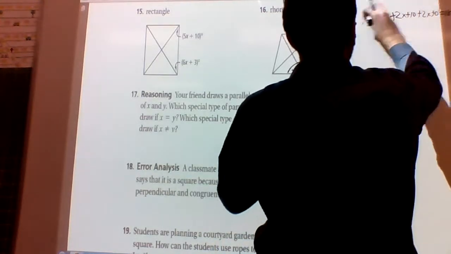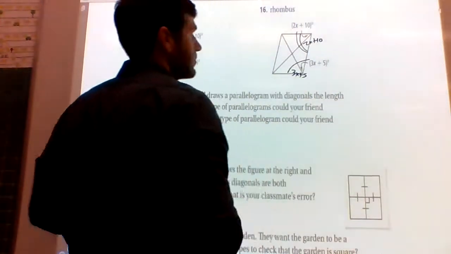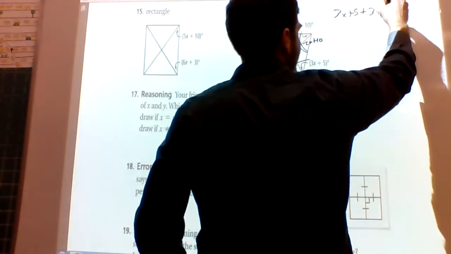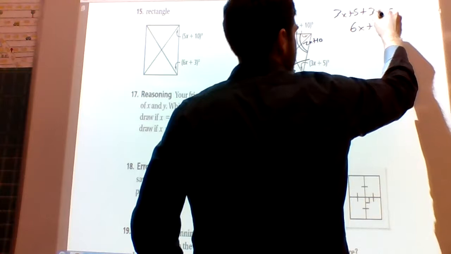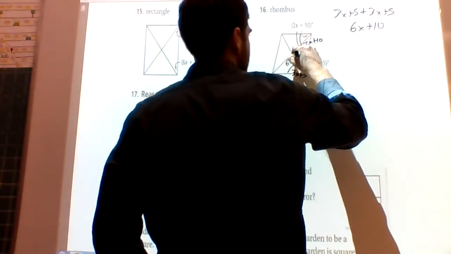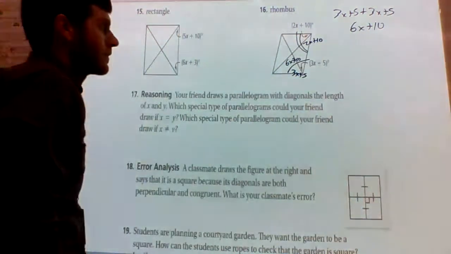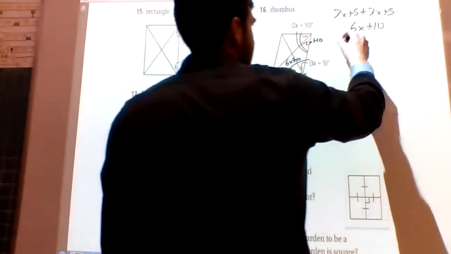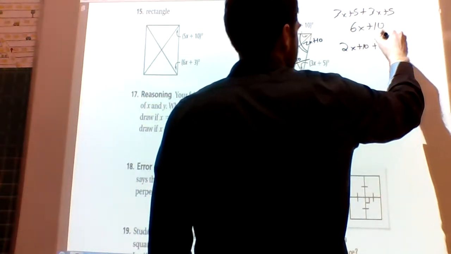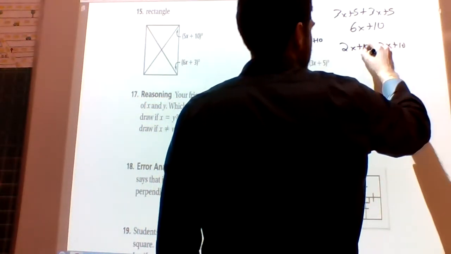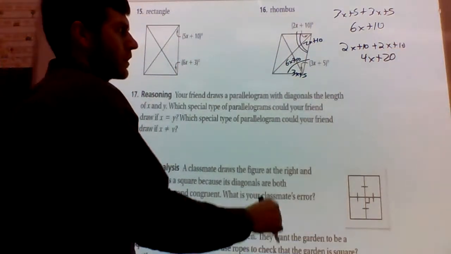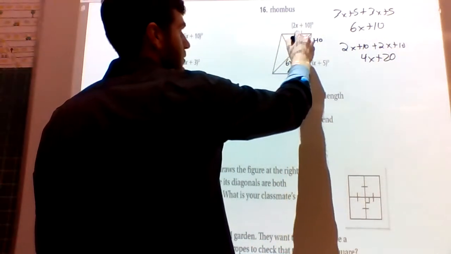Well, okay, let's split it up into two parts here. So 3x plus 5 plus 3x plus 5 is going to give us 6x plus 10. Then we have 2x plus 10 plus 2x plus 10. It's going to give us 4x plus 20. So we know this whole thing is 4x plus 20.